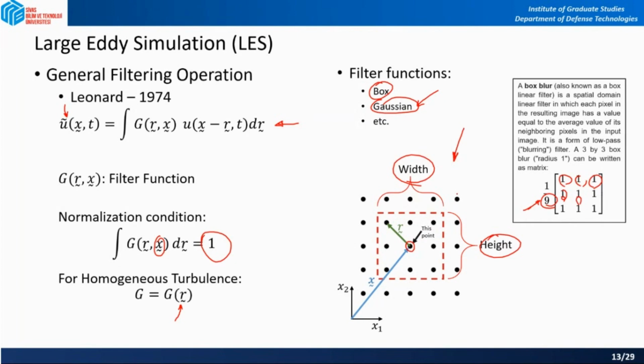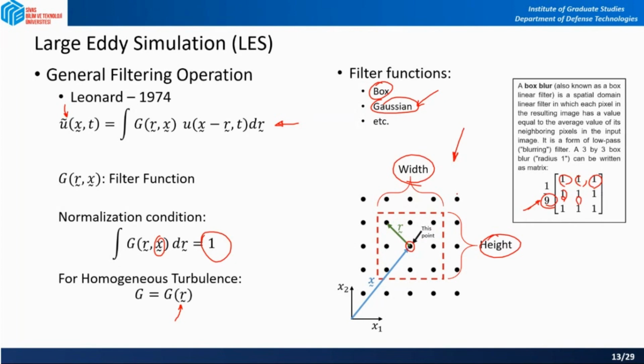Applying a box filter, as we just showed, results in a blurry image, a blurry velocity field. After you apply this box filter, you keep losing the details because you average it out.